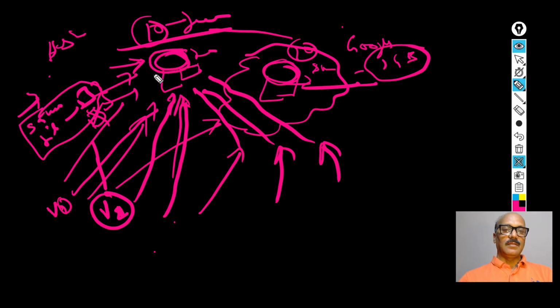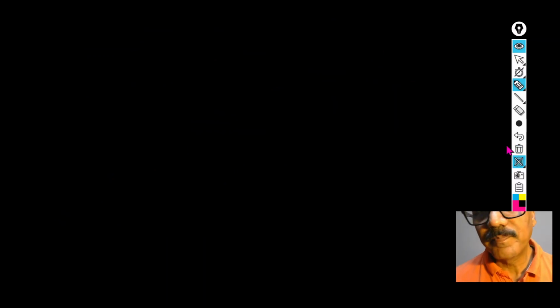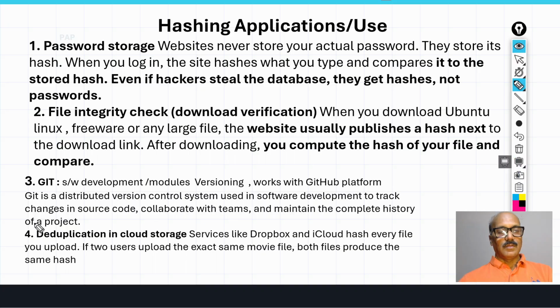What is the ultimate objective? Space optimization. Unnecessary waste of storage space is eliminated. Understood? Okay. So that completes 4 applications of hashing.